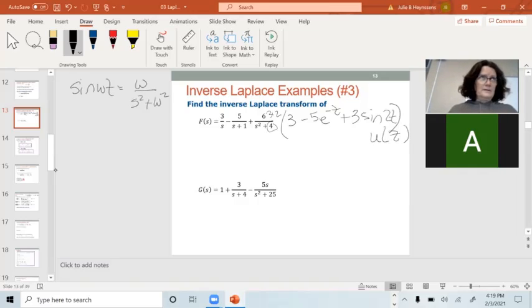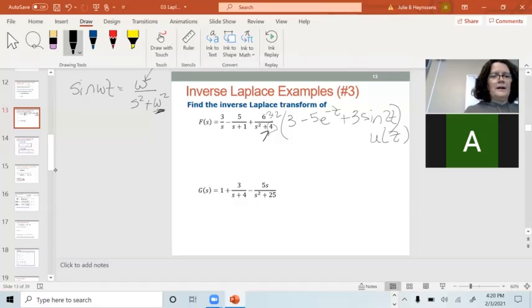Another question. For the sine of omega t, is it sine of omega multiplied by t? It's sine omega t, and if you look at the transform, this is omega squared. So the omega that I'm going to put in there, which becomes a 2, is the square root of this number. Fun with tables. And then I've got to have an omega up on top too, so I've got to change the 6 into 3 times 2.